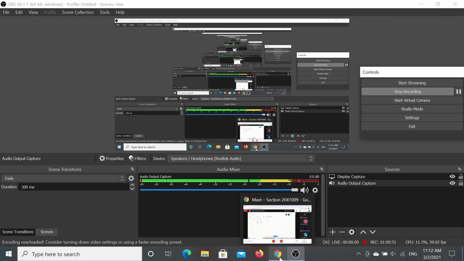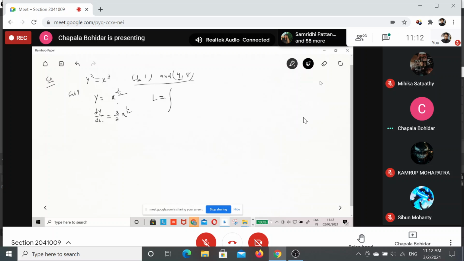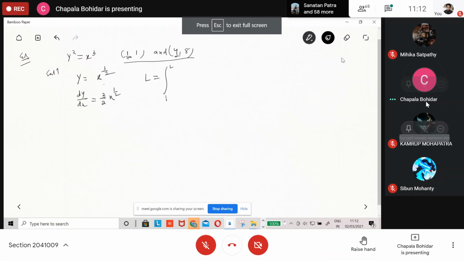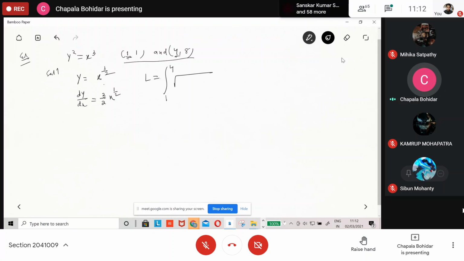X lies from 1 to 4. Then it is integral from 1 to 4 of root over 1 plus (3 by 2 x to the power half) square dx.